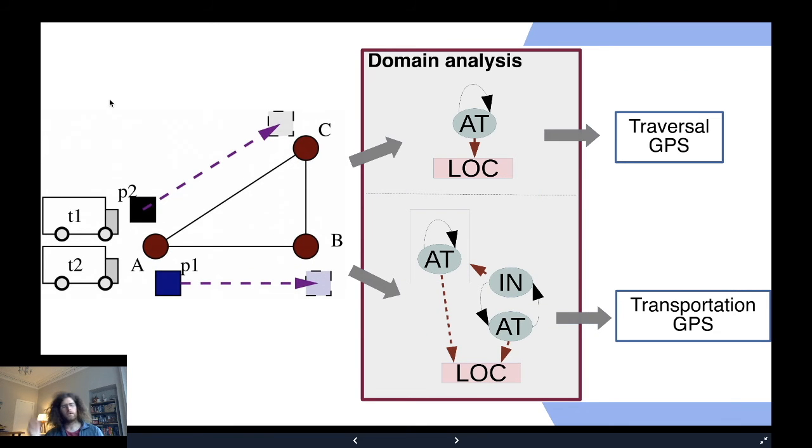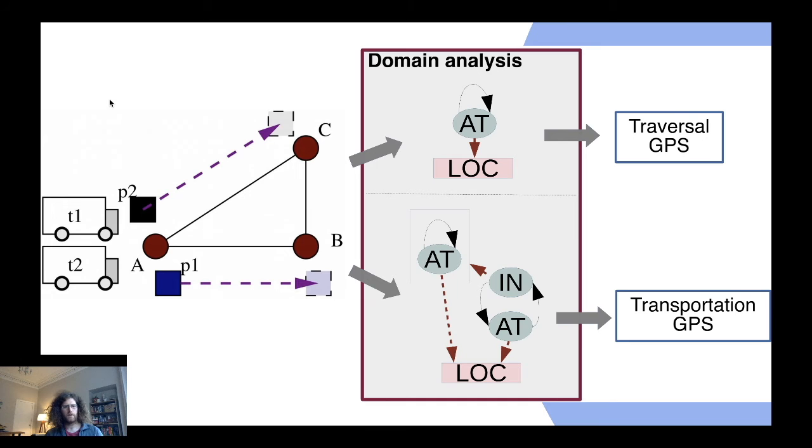Okay, so let's just have a quick look. On the left we've got a transportation problem. We've got some trucks, some packages and locations. The domain analysis is then looking at each truck and saying, they can only be located at one location. They're always located at one location. And so you get this singleton state machine.